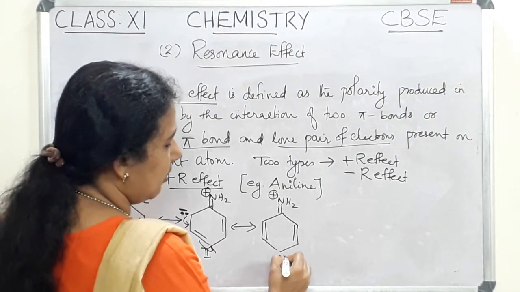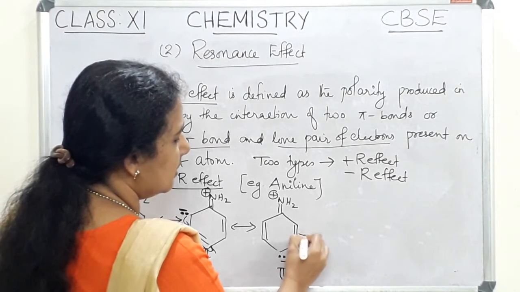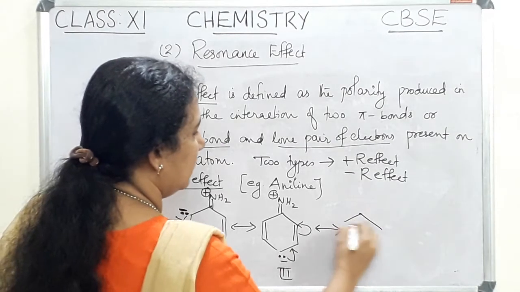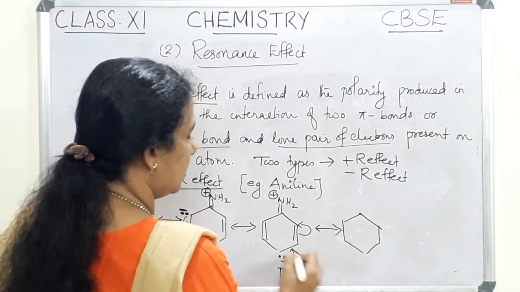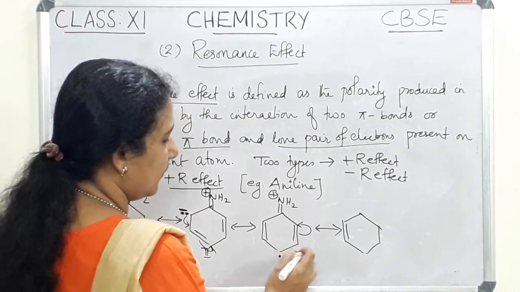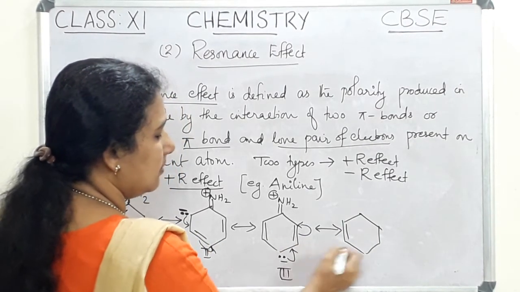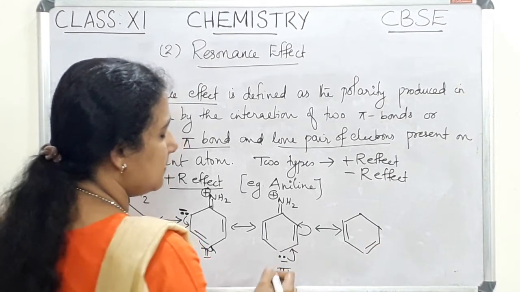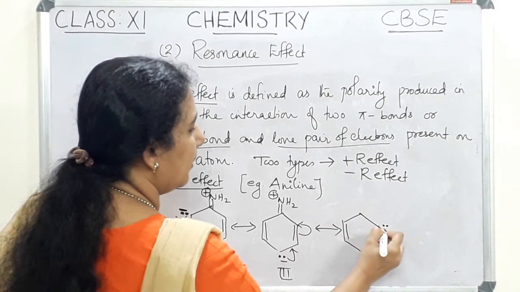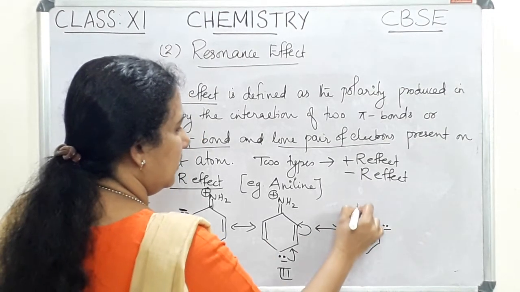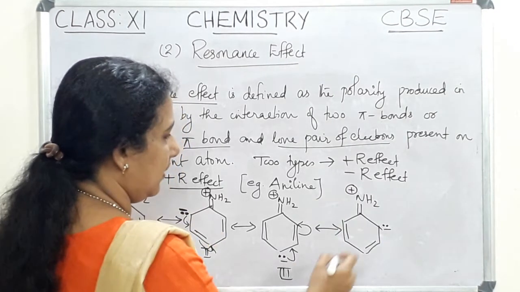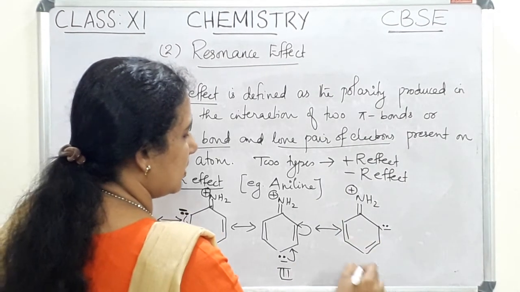Now this lone pair becomes a bond pair and this bond pair becomes a lone pair. Then we will get the next structure. This bond is the same, and this lone pair becomes a bond pair, and this becomes a lone pair. Then this part is the same. This is the fourth structure.